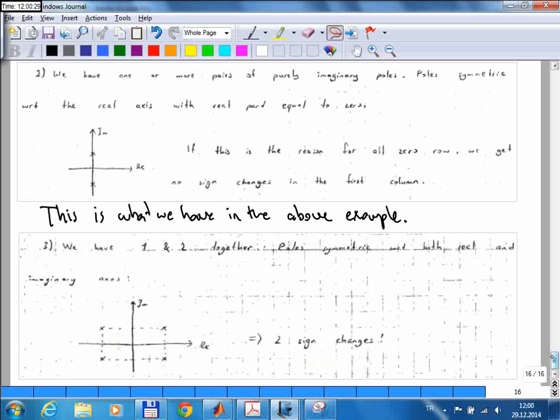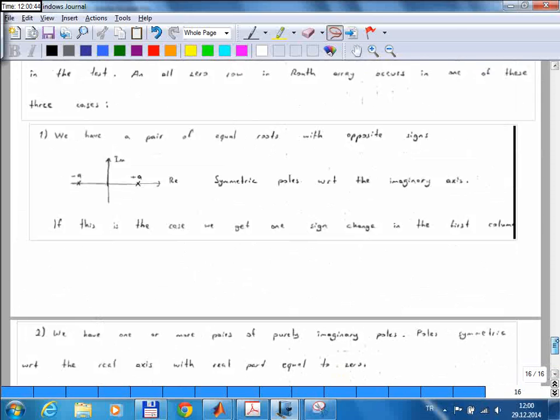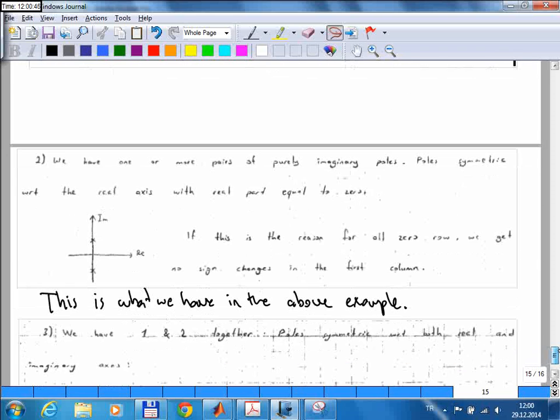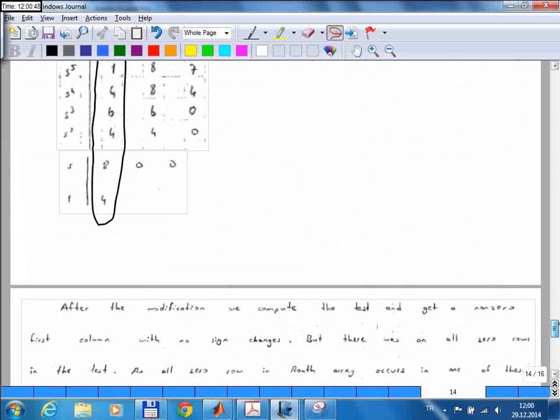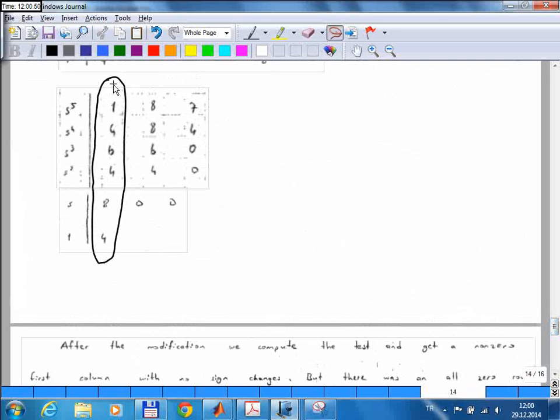Okay, so if I give you a polynomial and that polynomial in the Routh array gives you a zero row of all zero elements, then you need to apply this modification, and after the modification your conclusion should be based on these three cases. So you complete the array, you check the first column.